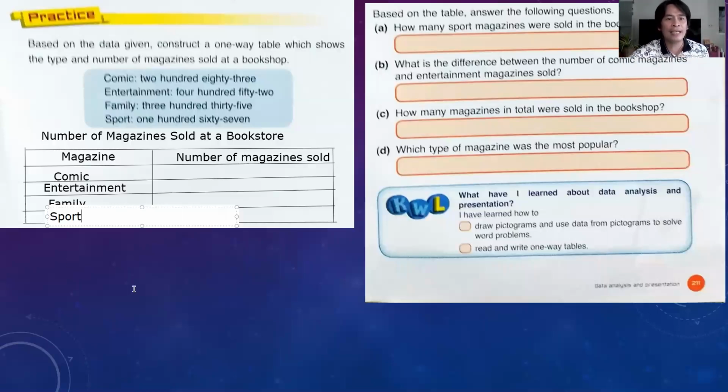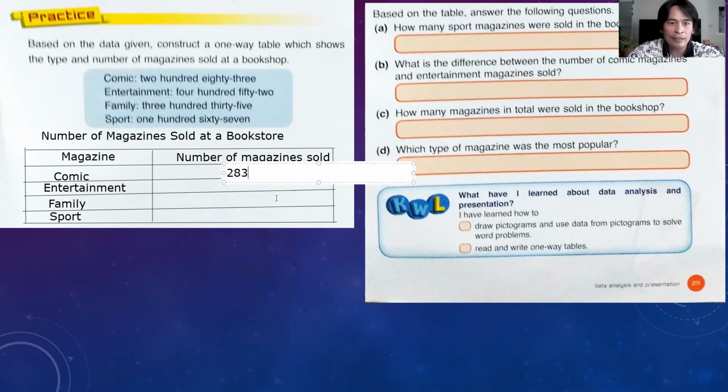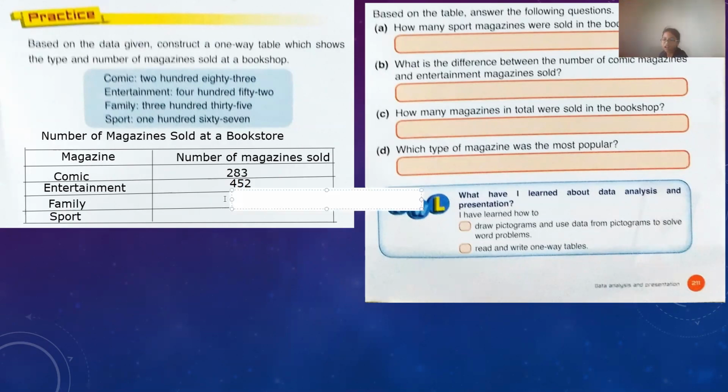Okay, sport. Next. How many comic magazines? 283. Okay, next. Entertainment, 452. Can you say easy breezy?